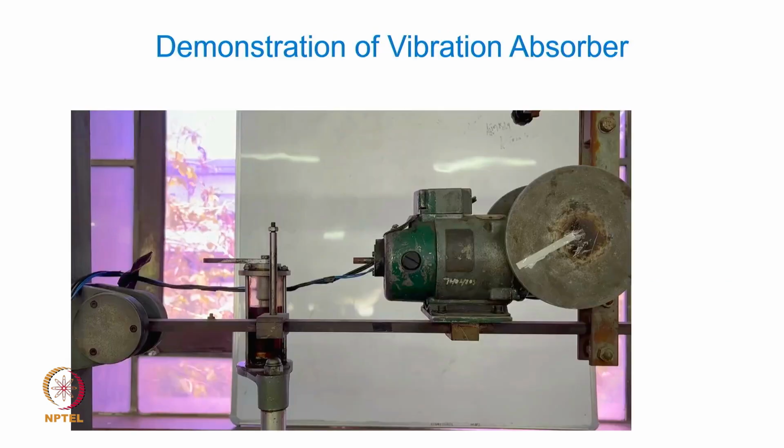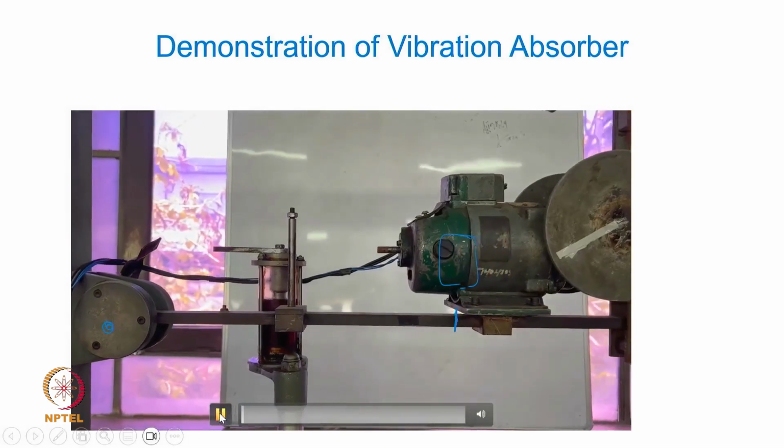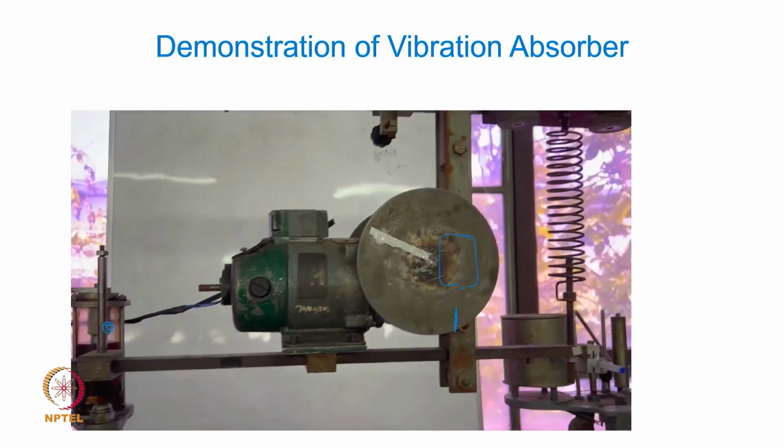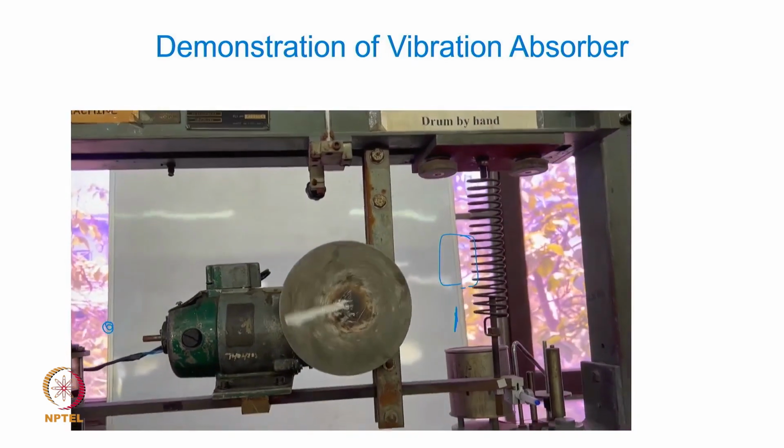The other examples that I would like to discuss here are a couple of setups that we have in the lab. This particular setup was shown to you some time back, where a beam which is hinged at this point is a single degree of freedom vibratory system, with the motor sitting somewhere here, and then there is a spring at the other extreme, essentially simulating a simple single degree of freedom system.